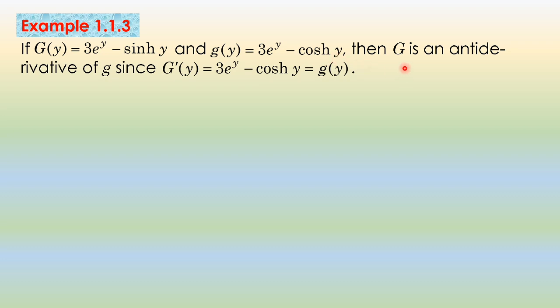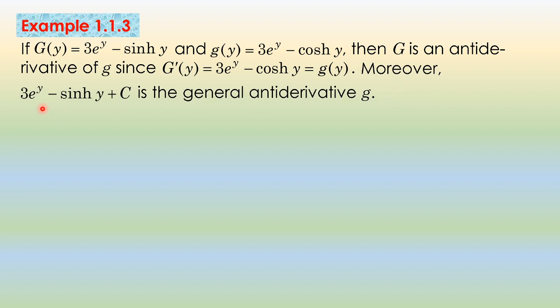Then big G is an antiderivative of small g, since the derivative of big G of y is equal to 3e to the y minus hyperbolic cosine y, which is also the small g of y. Moreover, 3e to the y minus hyperbolic sine y plus c is the general antiderivative of small g.